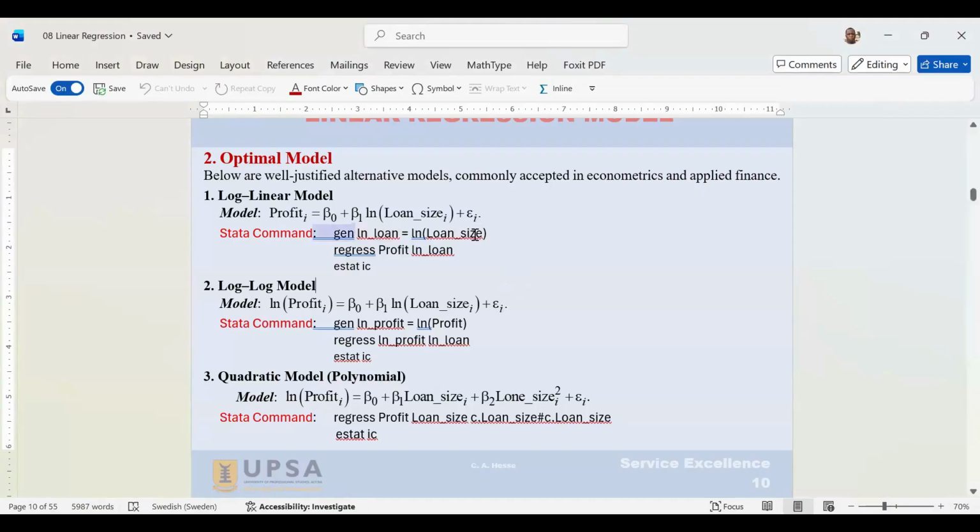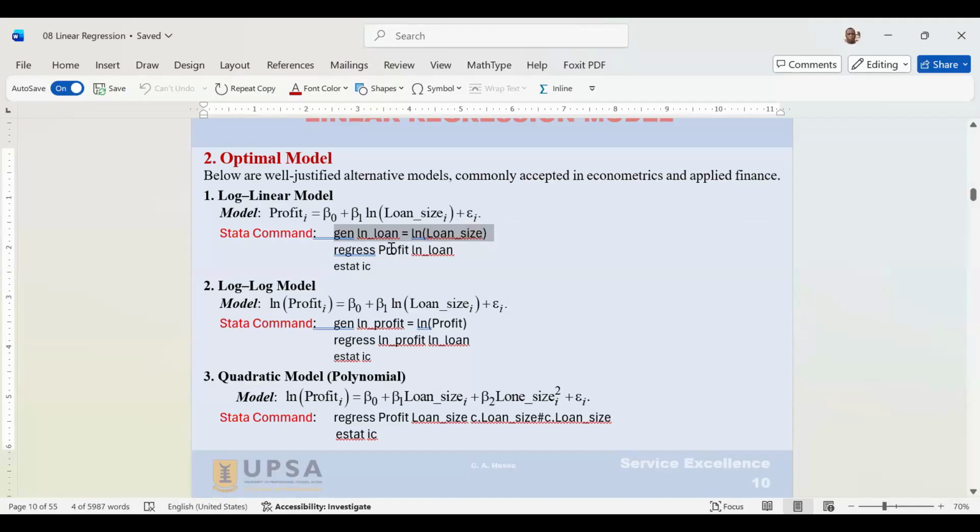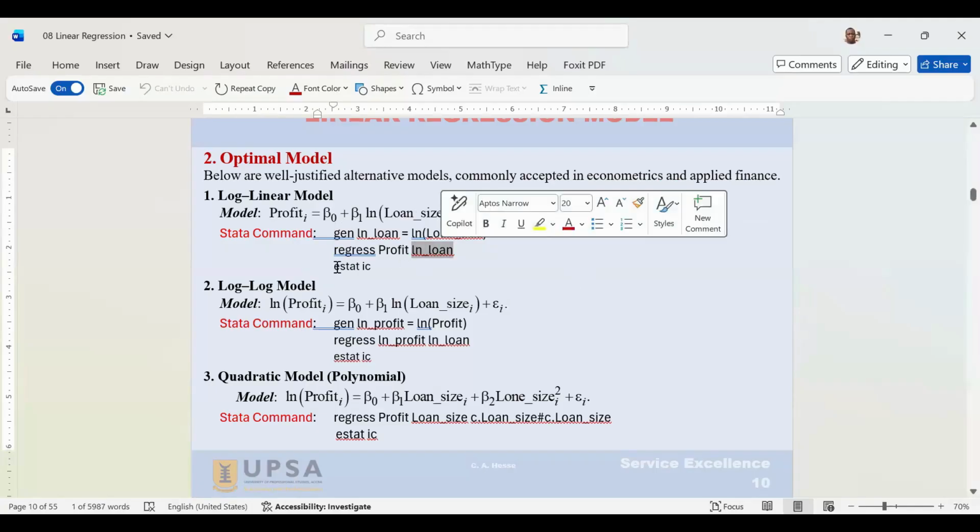The first thing you do is find the natural logarithm and generate a variable for that, calling it ln underscore loan. Then we find the regression between the dependent variable and our new independent variable, the transformed independent variable. Then you also compute the new AIC and BIC.